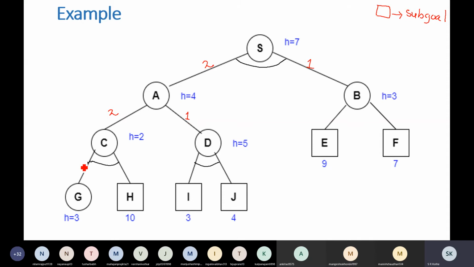Here it is suppose 1. That much is sufficient. Since these are terminal goal nodes, the corresponding cost will be 0. You are already at a goal, so these costs are 0. So assume that.